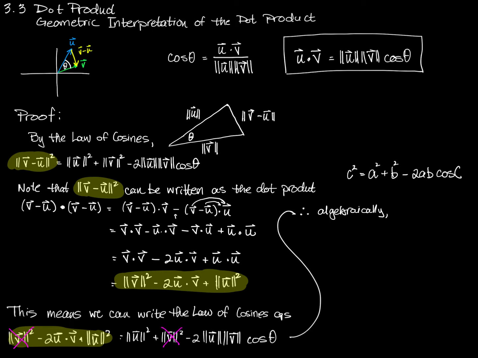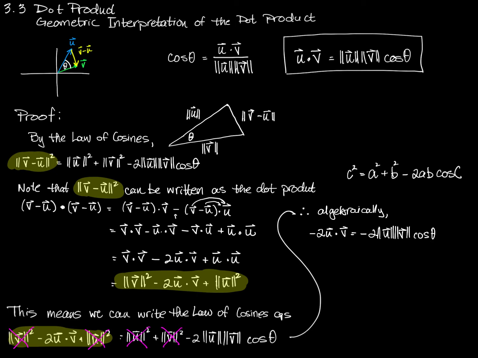And I can subtract the term, the magnitude of u squared, from the left-hand side and the right-hand side. And so what I've got left now is -2 vector u dotted with vector v equals -2 magnitude u times magnitude v times cosine of theta.